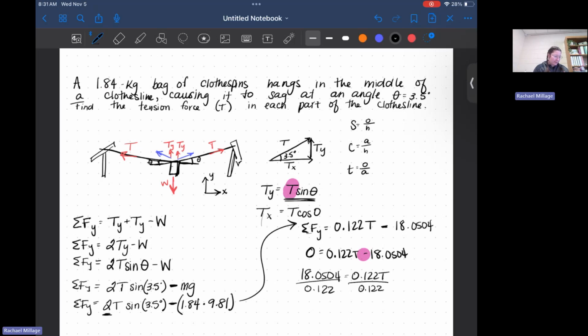And when we take 18.0504 divided by 0.122, we get 148 newtons, or 148 equals T.